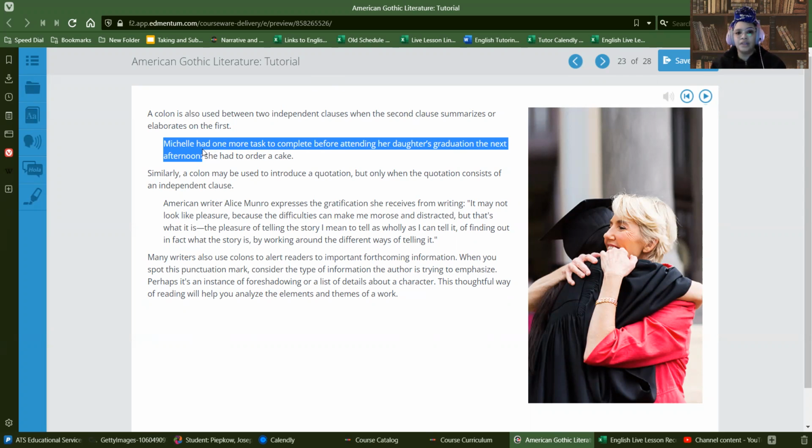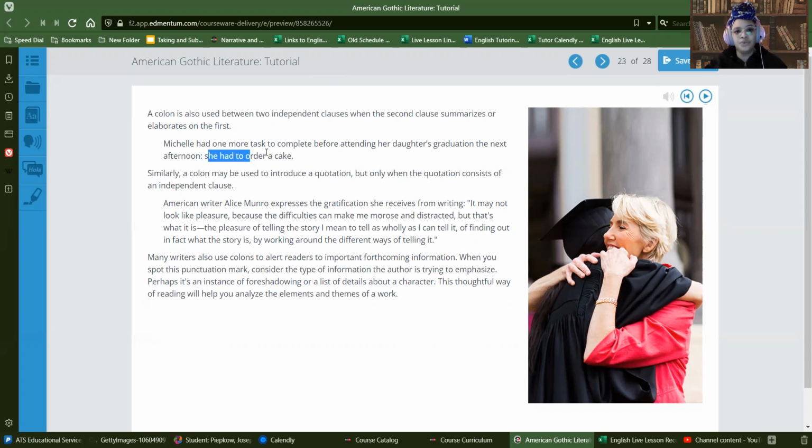They tell you exactly what she's doing. She has another task to do before she goes to her daughter's graduation. But they give you information on what that task is. She had to order a cake, which is a complete sentence on its own. But this tells you what the task is that's being referred to in the first sentence. So you can separate them with a colon. They are related and giving you information about the previous sentence.